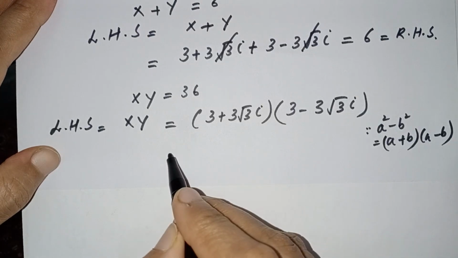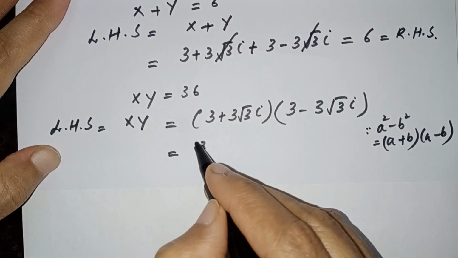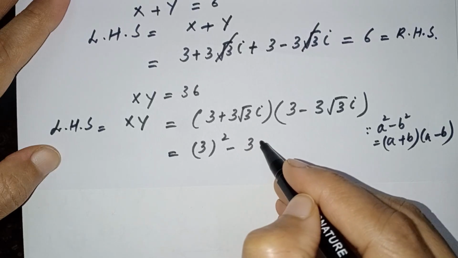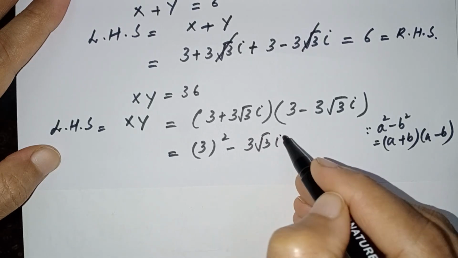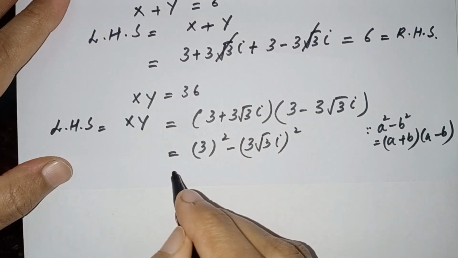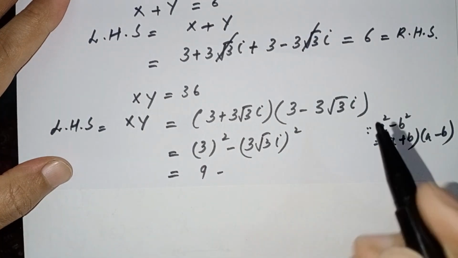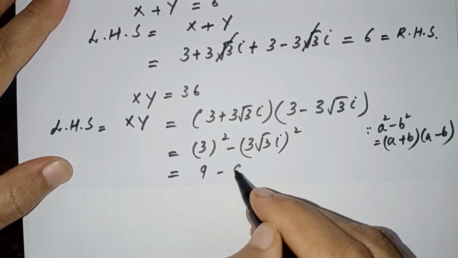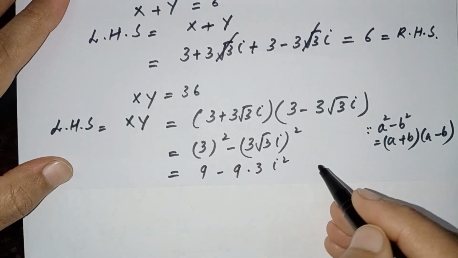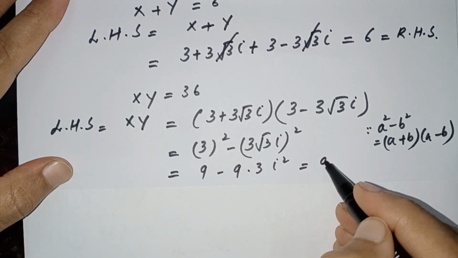So we have the same expression, 3 square minus 3 times square root 3 times i whole square. So 3 square will give 9, minus 3 square will give 9, times square root 3 squared will give 3, and then i square. So here i square is equal to minus 1.